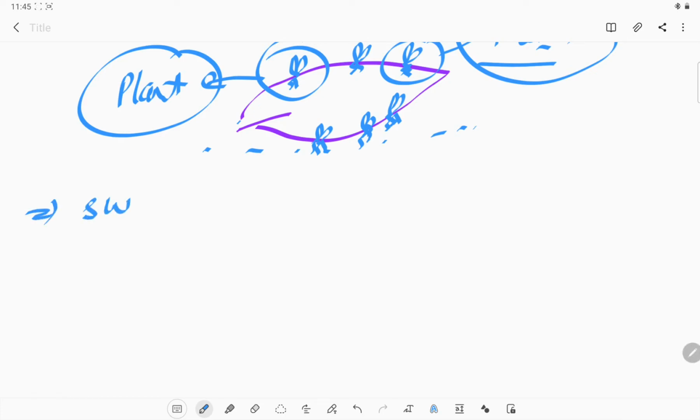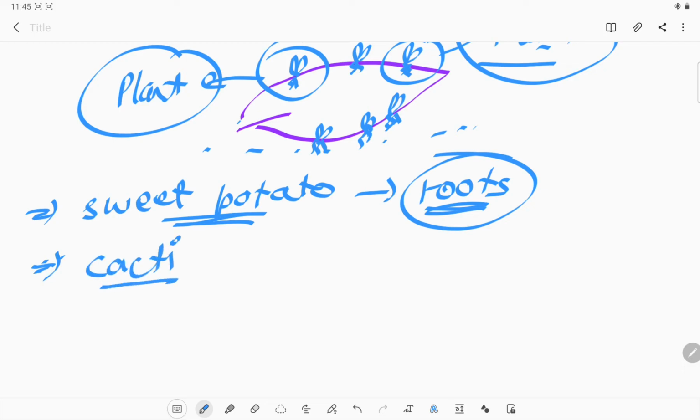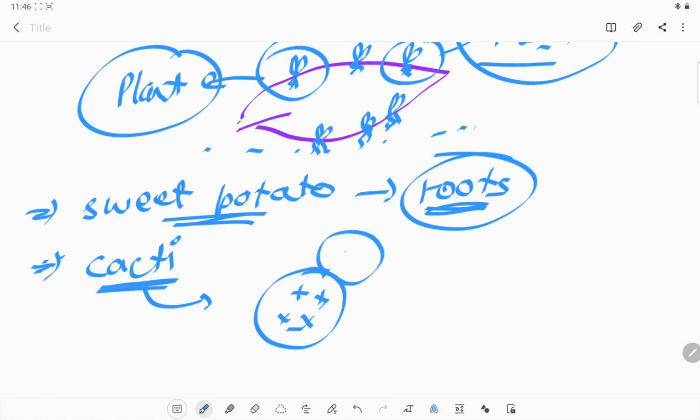Okay, similarly in the case of sweet potato, where are we getting the sweet potato from? We are getting it from the roots, or we can say that the reproduction is from the root portion, which is also a vegetative portion. In case of cacti, if we take an example of cacti, they will grow another individual on itself.